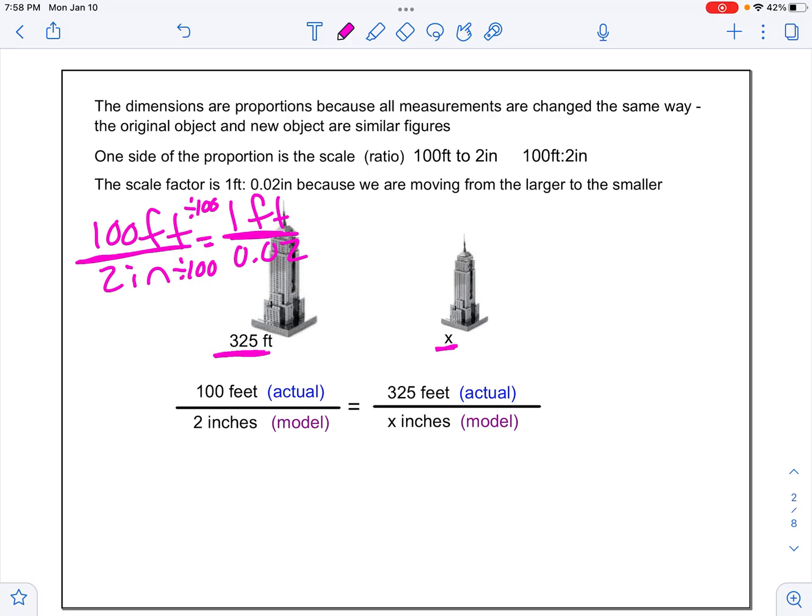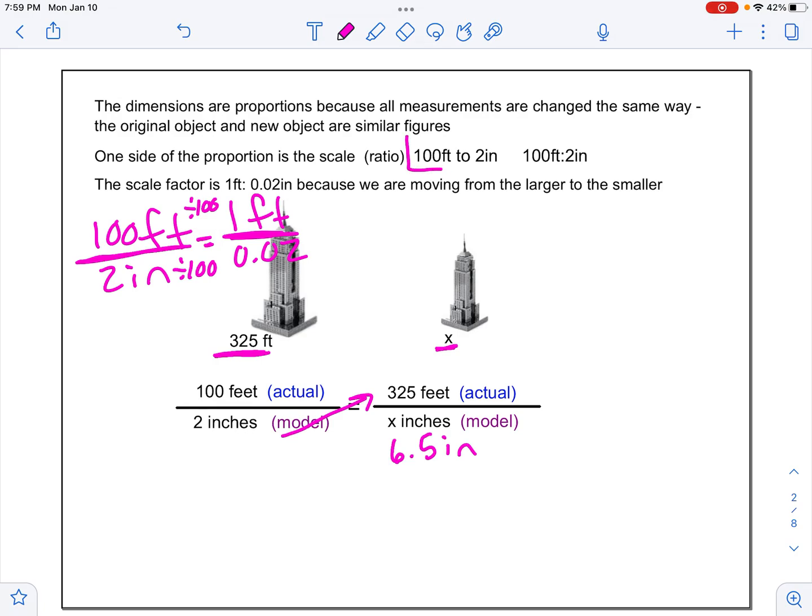So I'm going to set up a proportion because I know that for every 100 feet, I actually have 2 inches. So I have 325 feet. How many inches do I have? I'm going to cross multiply 325 times 2, and I'm going to divide it by 100. So I should have 6.5 inches on the model.